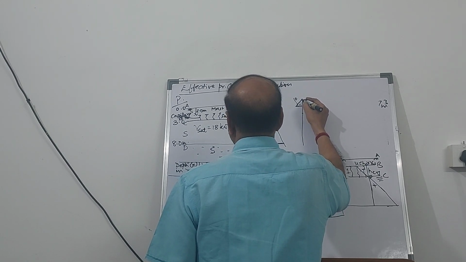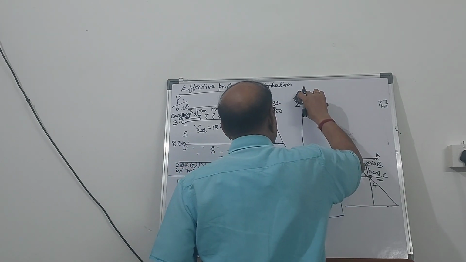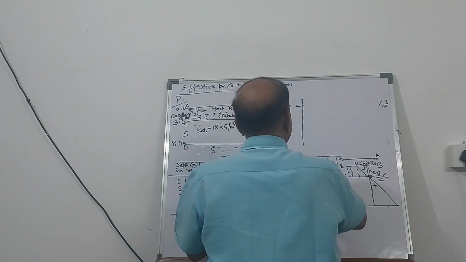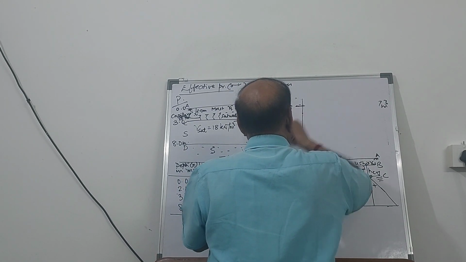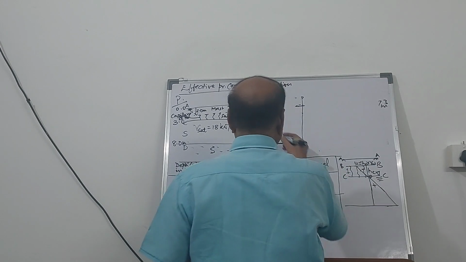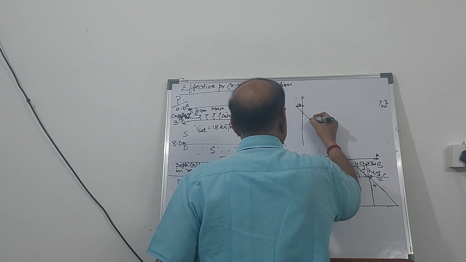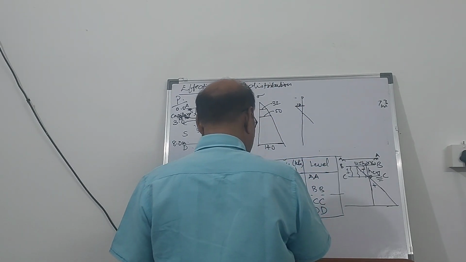So the pore water pressure cannot be shown like this, because it is 0 here. And in this zone, the pore water pressure I have already shown you. Here it is minus 10 and it becomes 0.